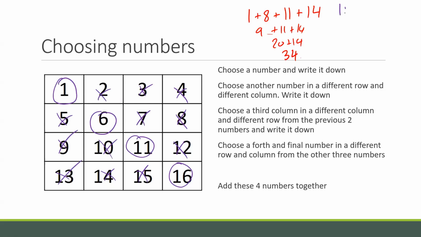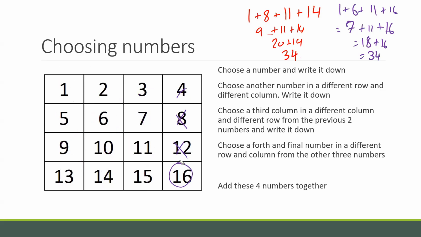So if we go 1 plus 6 plus 11 plus 16, surely this can't equal the same number because that would be weird. But if you do it, 18 plus 16, now that's going to be 34. Ladies and gents, the cool fact about this is it doesn't matter which numbers you choose, you will always get 34.